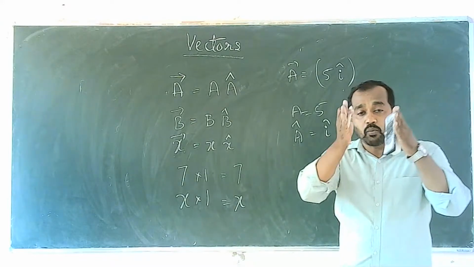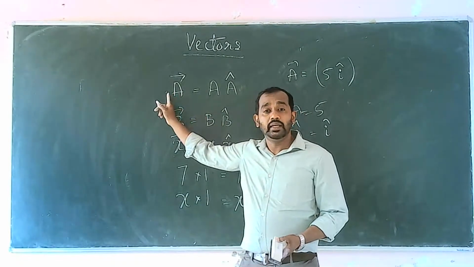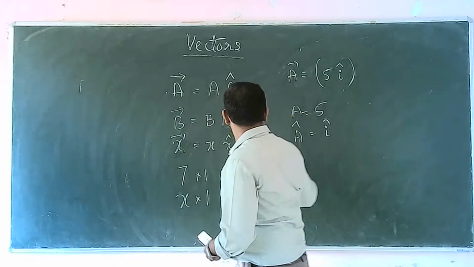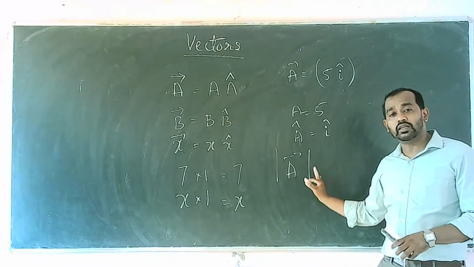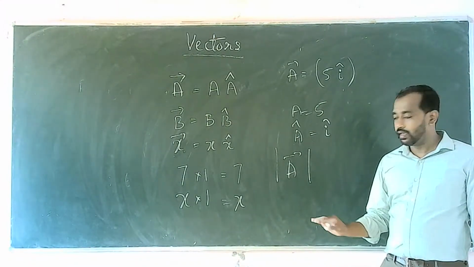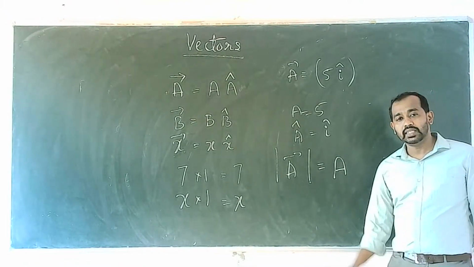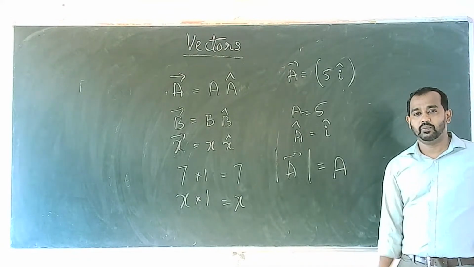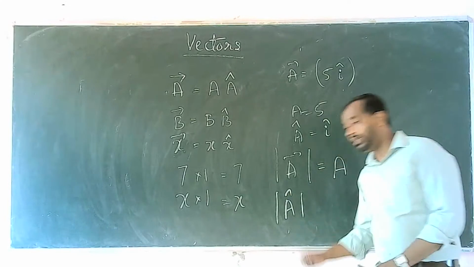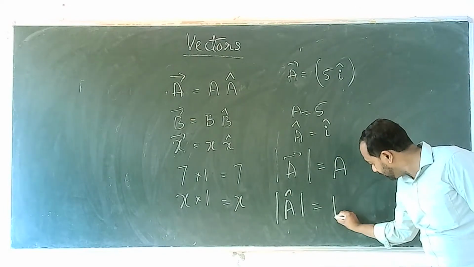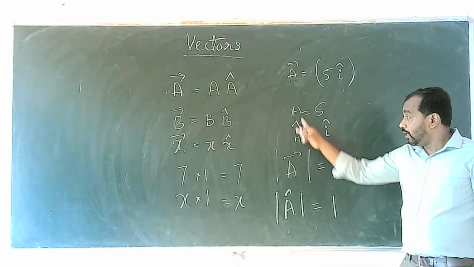It is represented between the modulus. If you need to represent the magnitude of any vector A, it will be represented as modulus of vector A, or in simple words, as A. But if we take the modulus of a unit vector, the answer will be equal to 1. That's the meaning of the equation.